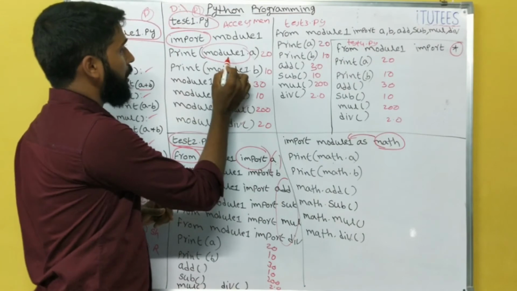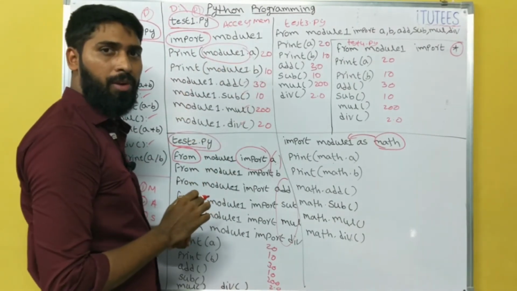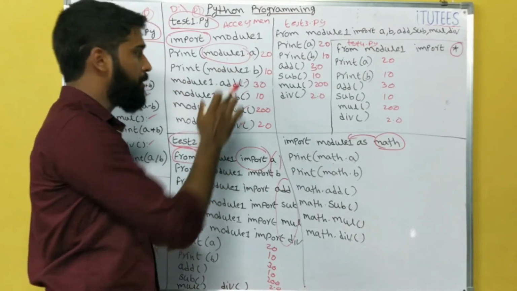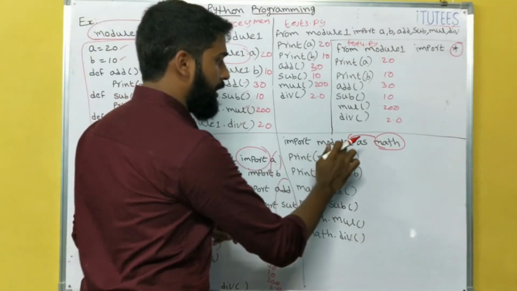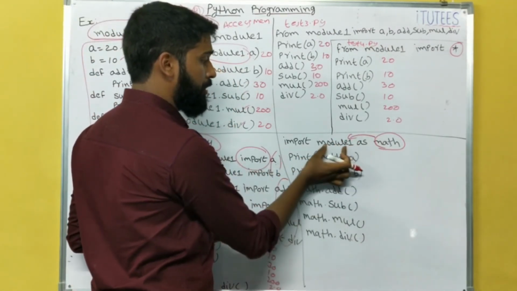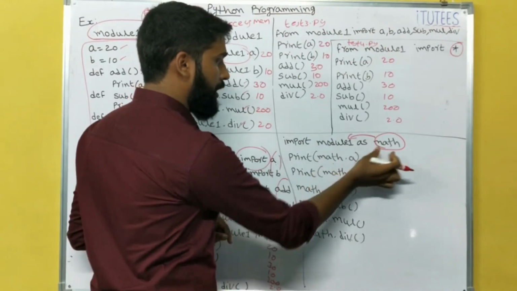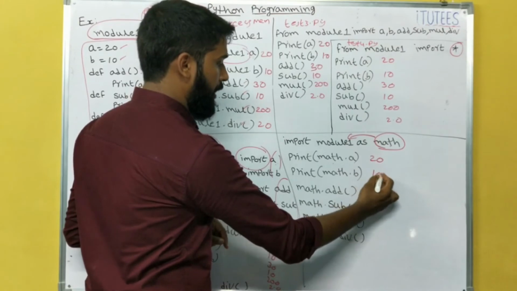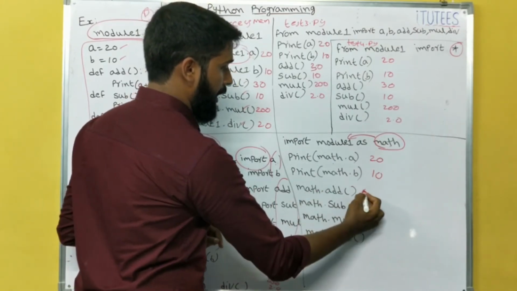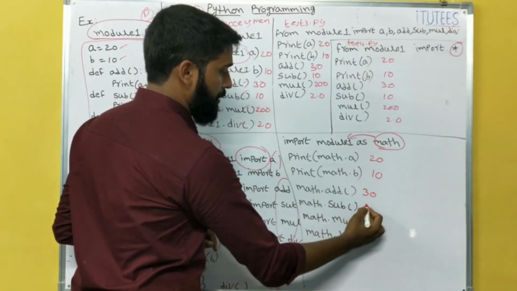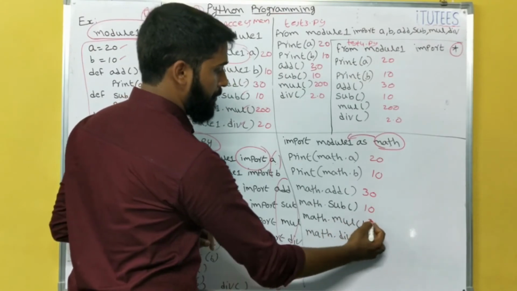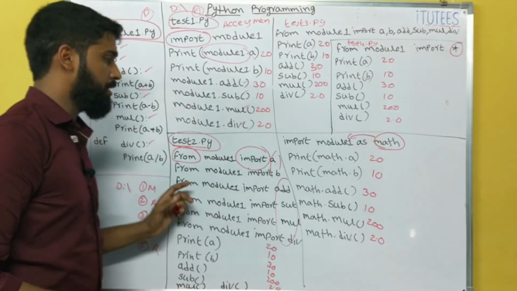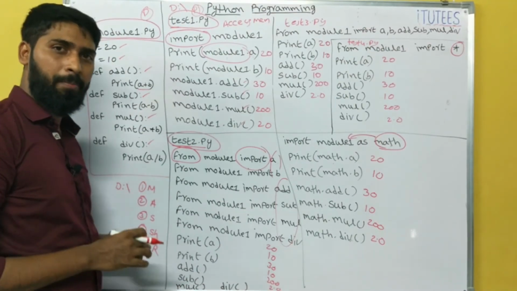Earlier I called module1.a with the module name, but here I am creating an alias name for the module. So I can call with the alias name: math.a 20, math.b 10, math.add 30, math.subtraction 10, math.multiplication 200, math.division 2.0. So this is about modules in Python.